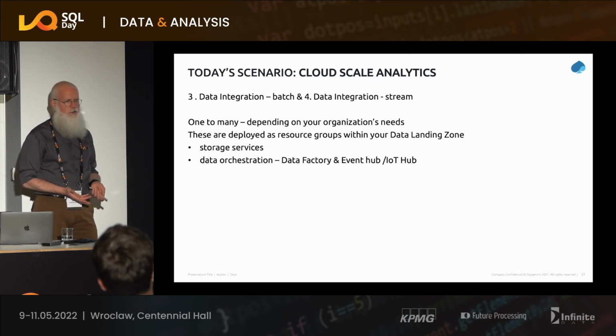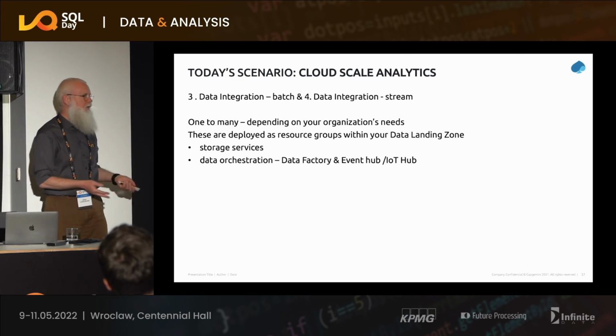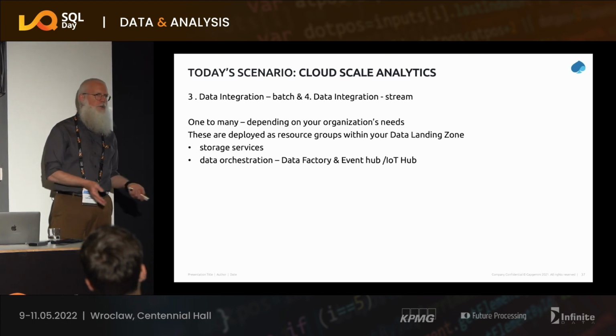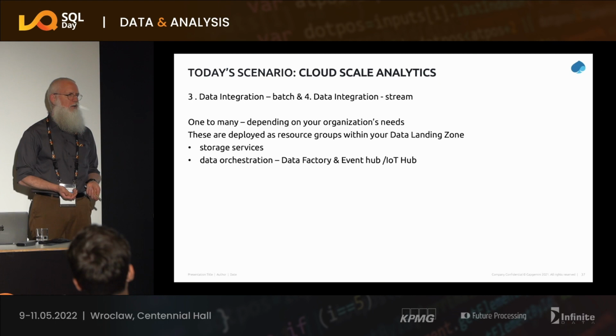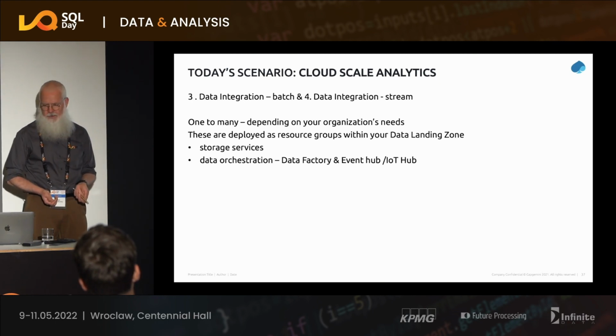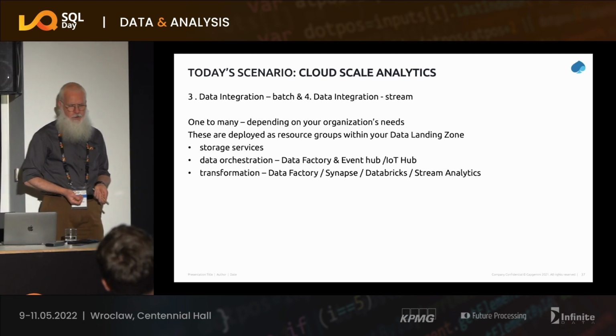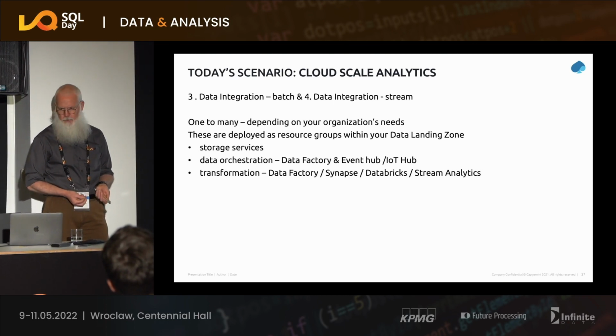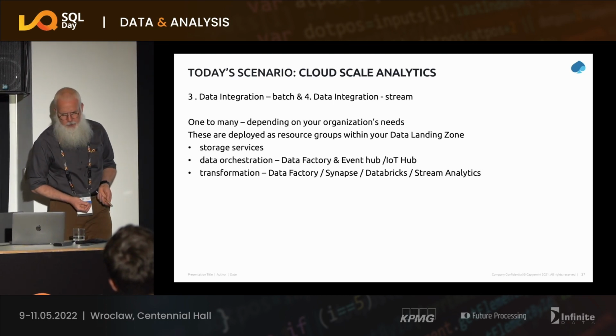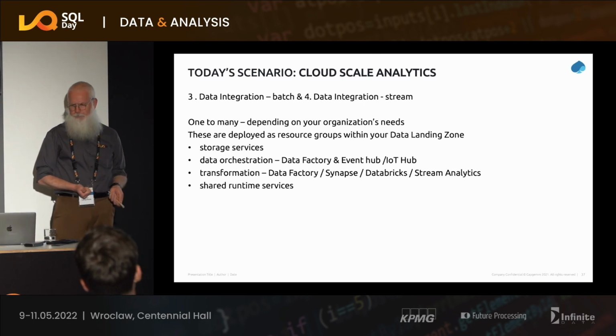Data orchestration, whether that is Data Factory or Event Hub and IoT Hub, or you can use Synapse or Databricks. All are options that you can fiddle with in this area. And the same thing with transformation, whether you're running mapping data flows, though I don't know why you would, Synapse, Databricks, Stream Analytics, and so on.